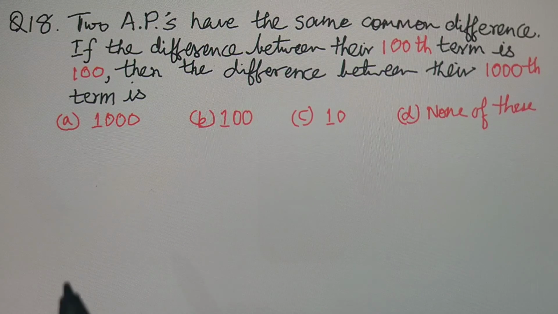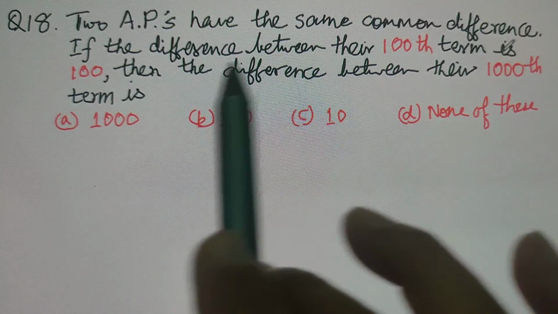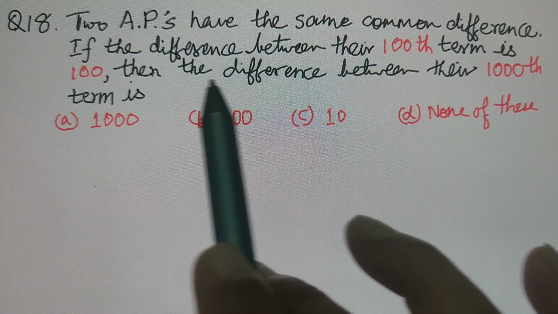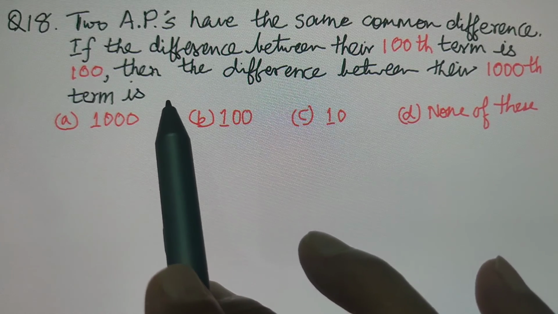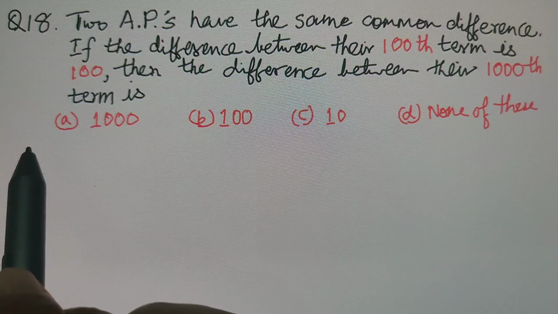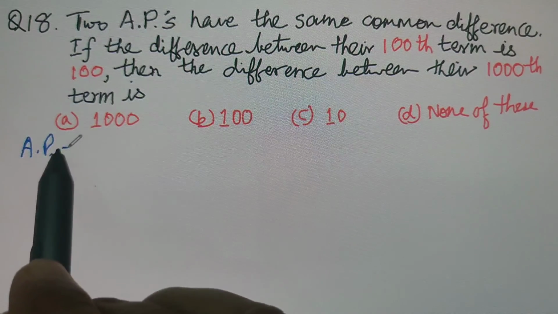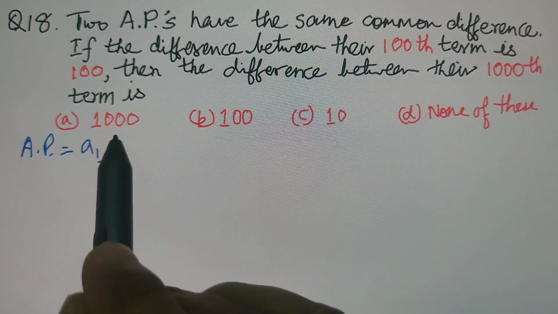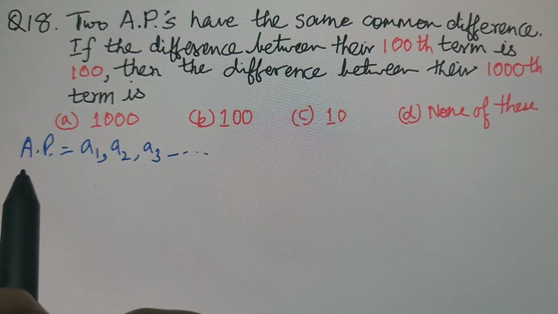Let's see question number 18, where we've been given two APs having the same common difference. If the difference between their 100th term is 100, then what is the difference between their 1000th term? Fine. Now let the first AP be A1, A2, A3 and so on.